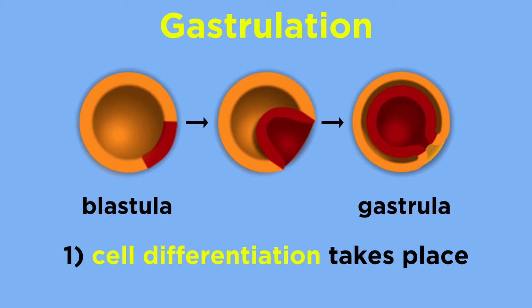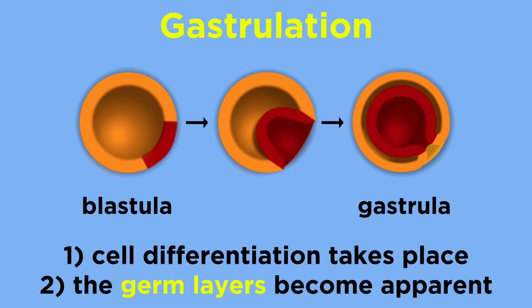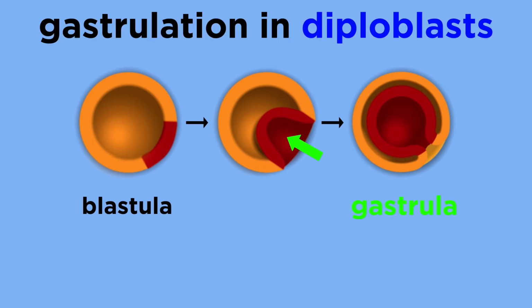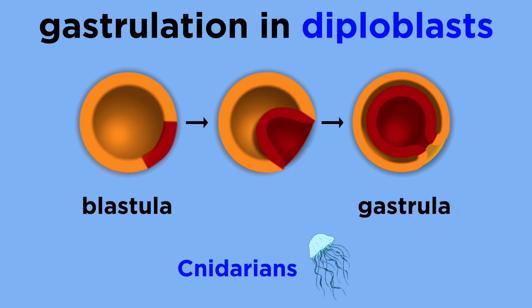It is during the cellular differentiation phase called gastrulation that the germ layers become apparent. First, the blastopore folds inward and forms a gastrula. Now, two cell layers are present. In diploblastic animals like the cnidarians, these two are their only unique germ layers, the ectoderm and the endoderm.